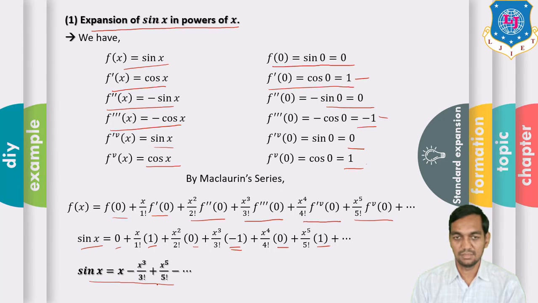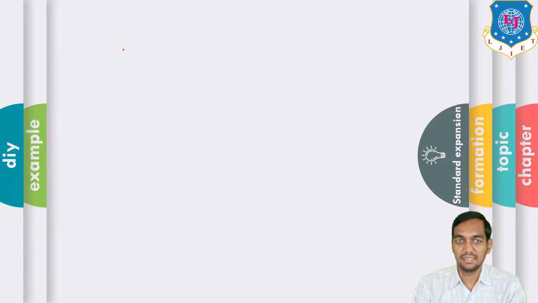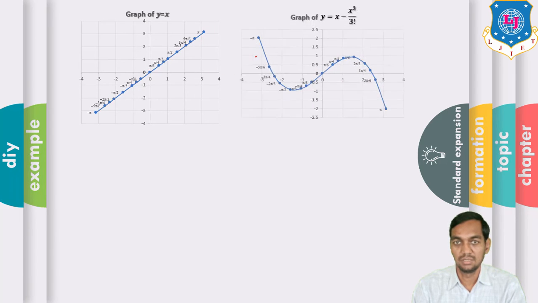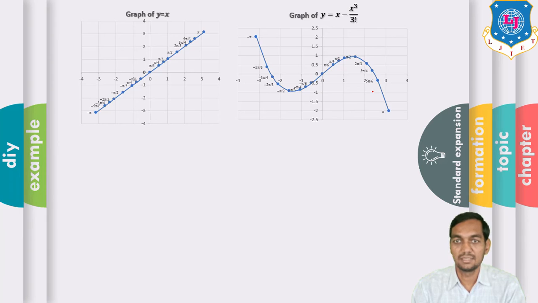If you go with only a single term, the first term, then sin x = x, and you have a graph like this. But if you consider the first two terms, then you have a graph like this, that means sin x = x - x^3/3!. So in some interval, the graph is the same as the graph of sine.